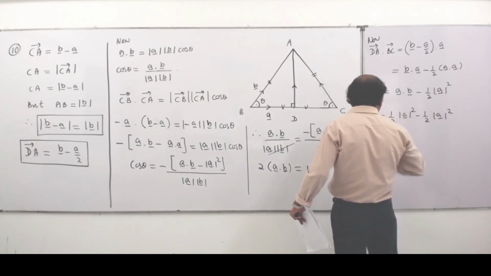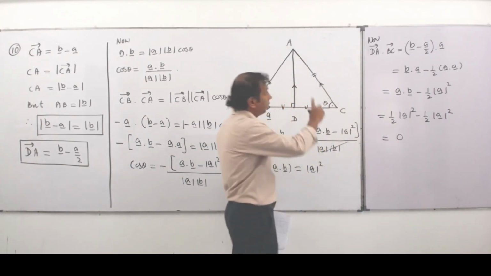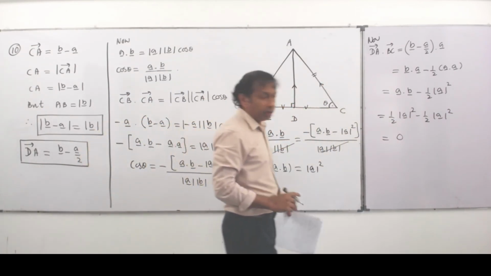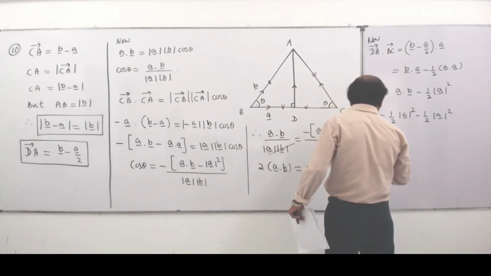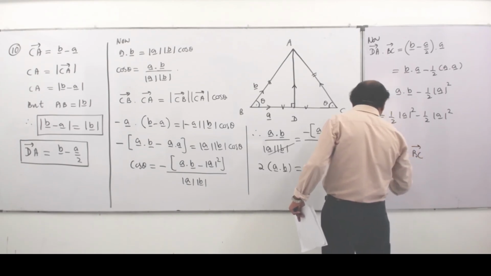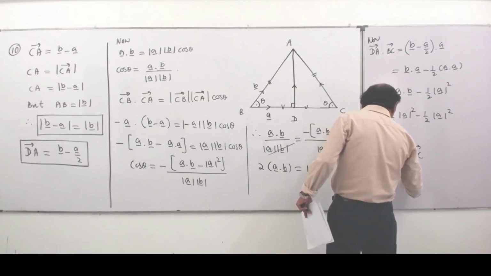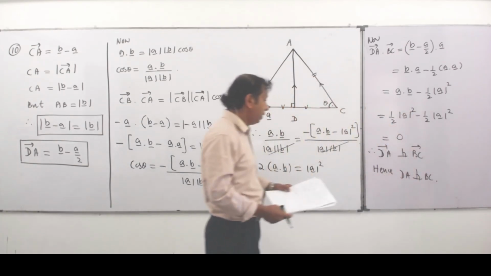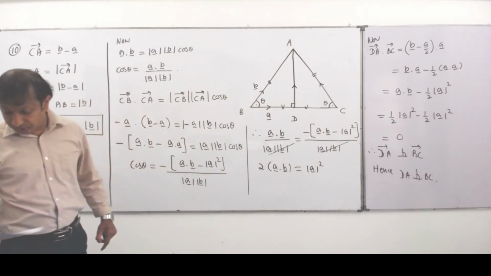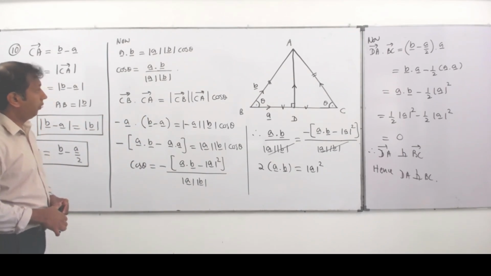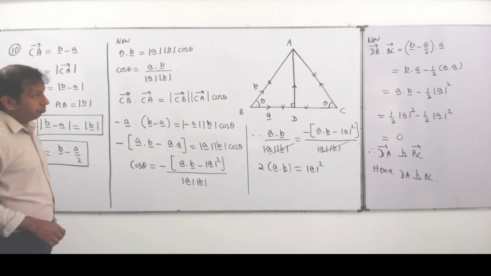This right hand side is 0. Dot product is 0. Dot product 0 means vectors are perpendicular. Therefore, dA vector perpendicular to BC vector, hence dA perpendicular to BC. Right? This is how we get that answer. Okay, no?